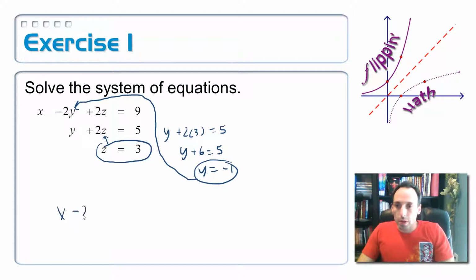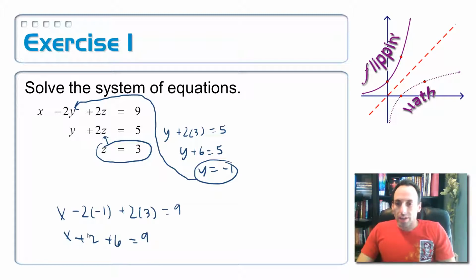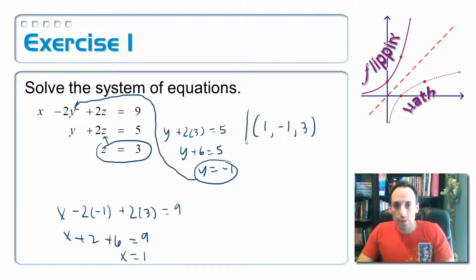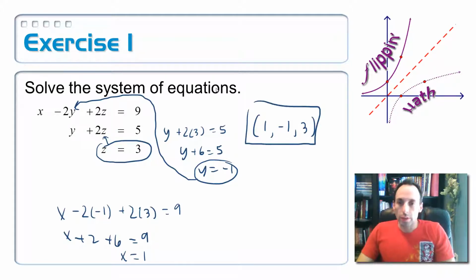So x minus 2 times -1 plus 2 times the 3, all this is equal to 9. Let's just simplify here. So x plus 2 plus 6 is equal to 9. That's 8. Subtract the 8 over, so x is equal to 1. So I have the answer 1, -1, 3. Look how easy that was to solve. And this system of equations is in what we're going to call triangular form.